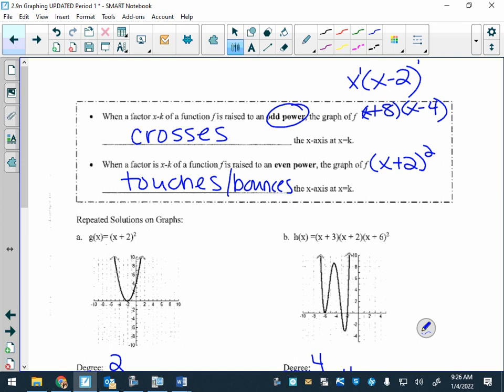So if you look at this example at negative 3 and negative 2, crosses. Okay? When you have a factor raised to an even power, so x plus 2 squared or just x squared, it touches or bounces off. So this is x plus 6 squared at negative 6. It bounces off the x-axis. Okay? So it all depends on the factor exponent.